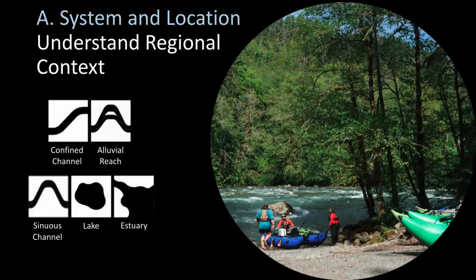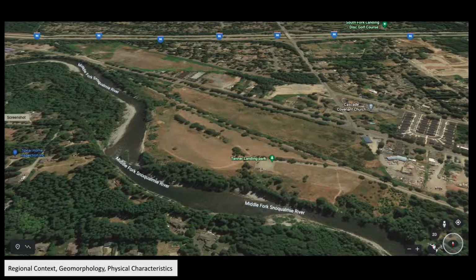The first is system location and understanding the regional context of where you are. And we've got a series of questions here and guided materials to think about where you are from a geomorphic setting, and where you are in proximity to cities.